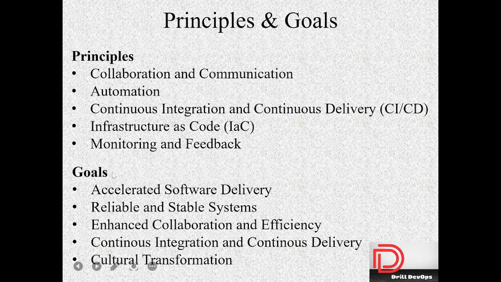So, goals. By using these principles, what are we going to achieve? We are going to achieve accelerated software delivery, which I am emphasizing in previous slides and this slide as well, by collaborating, communicating, automating, implementing CI/CD, infrastructure as code, and monitoring and feedback. All these processes constitute delivering software in a rapid, faster manner.